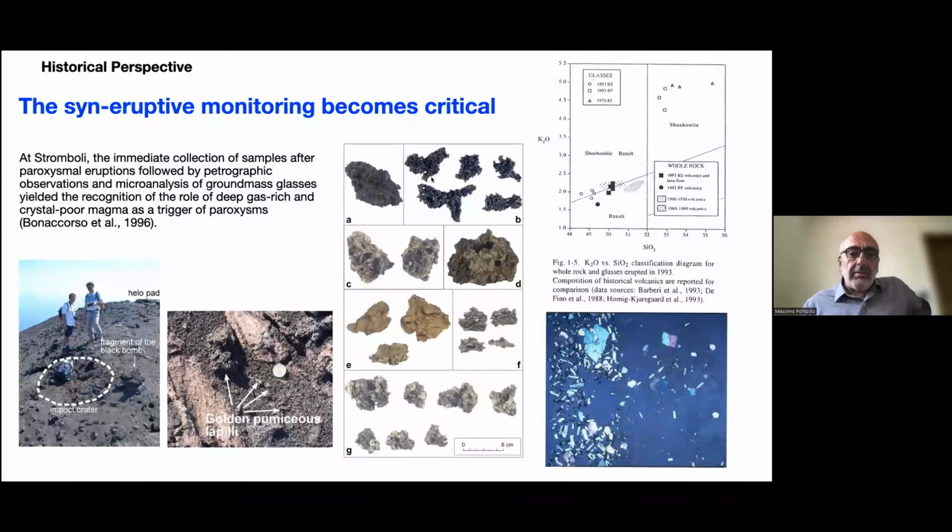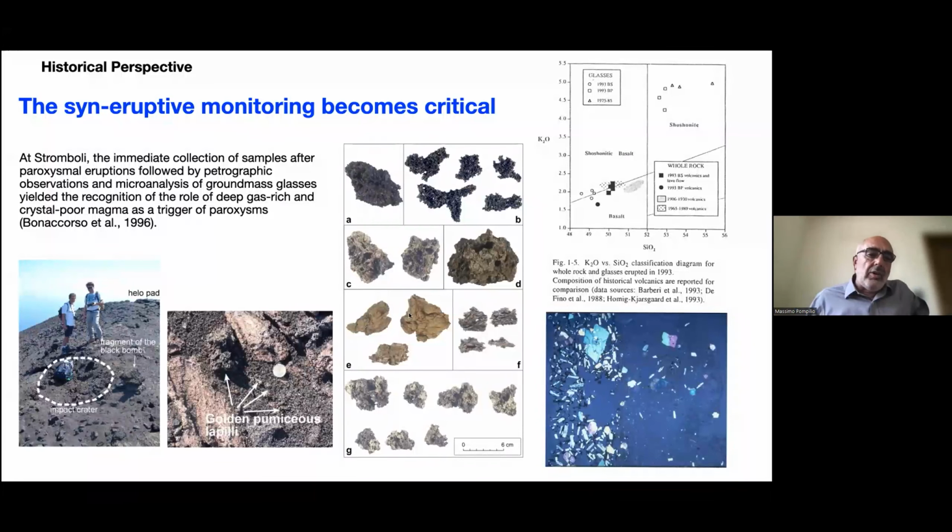One magma is black, like black scoria, here in this diagram, BS. And another is called the pumiceous bomb, this here, or also golden pumice. And these two magmas are normally erupted only during the paroxysm.